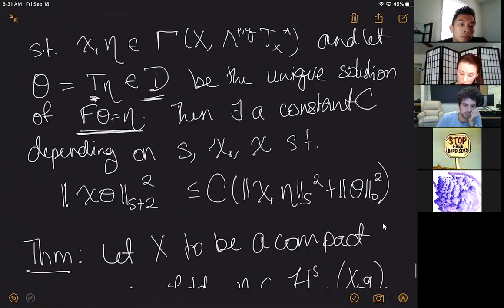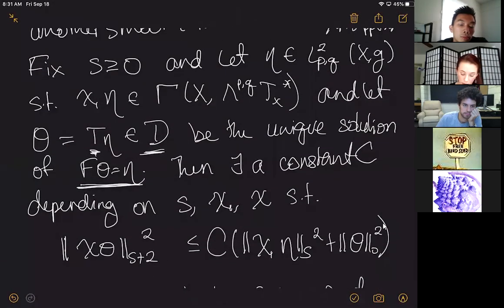Also here, you'll note that we only showed this for smooth eta, so we restricted eta to being a smooth PQ form. But smooth forms are dense, and so if this holds for smooth forms, then this holds for all forms in HS.